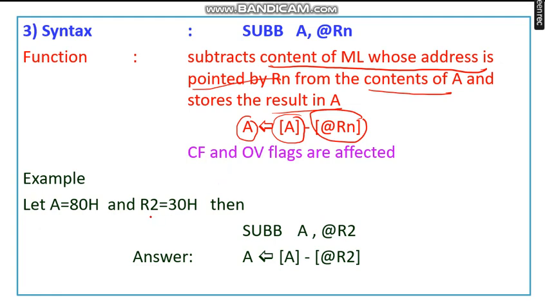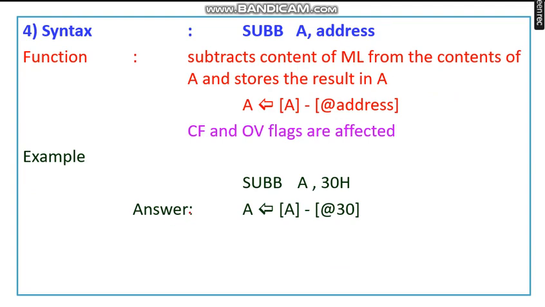So here let A equal to 80H and R0 equal to 30H, R2 is also allowed, no problem. So in this case it will subtract the content of location 30H. So 80 minus data pointed by 30 and the answer is stored in A itself.